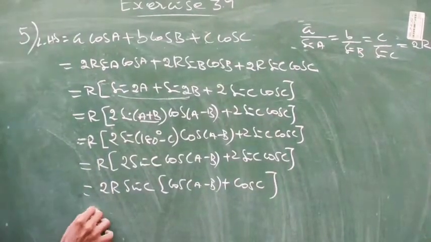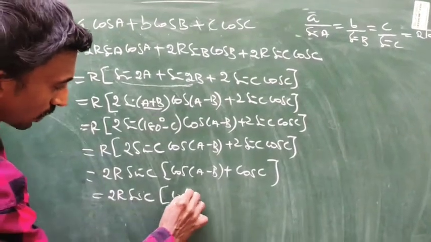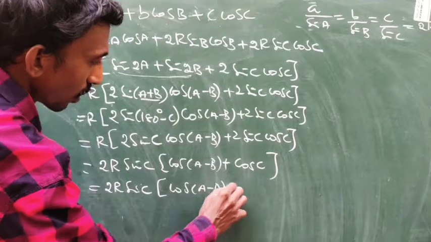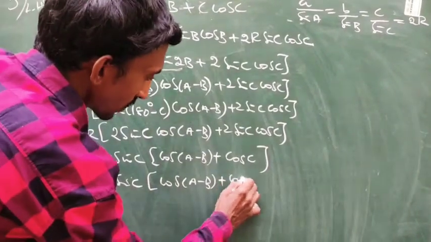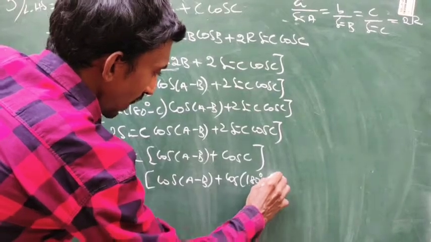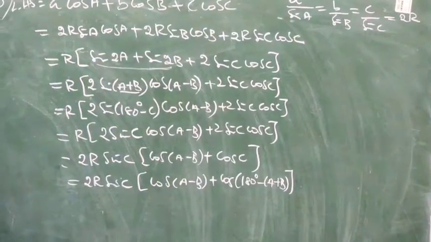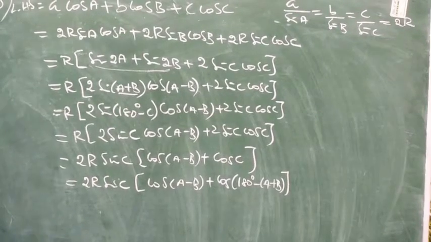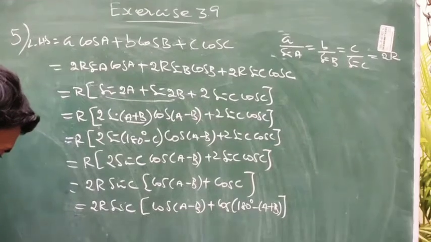Again, no change in the first term. Cos c can be written as cos (180 minus (a plus b)), since in a triangle a plus b plus c equals 180, so c equals 180 minus (a plus b). What is cos (180 minus theta)?